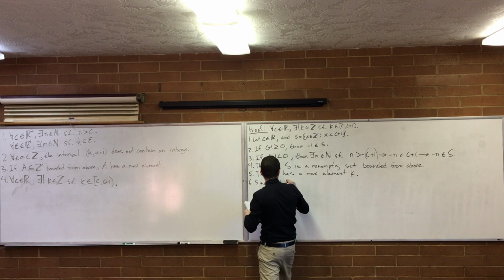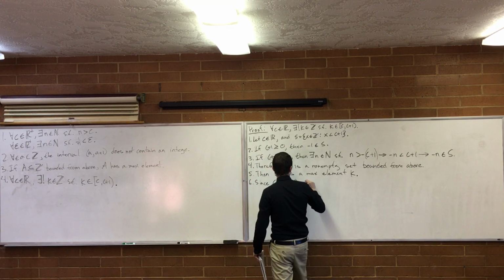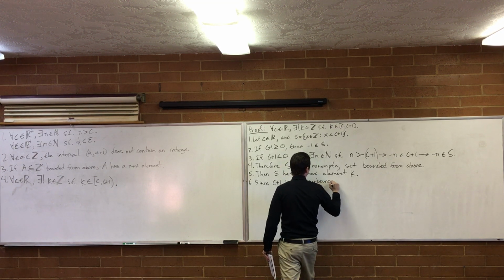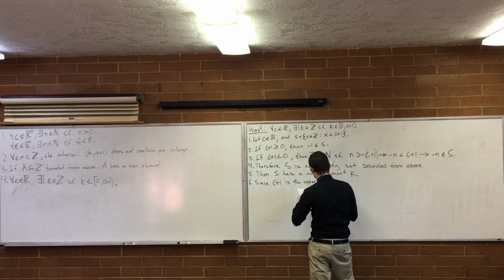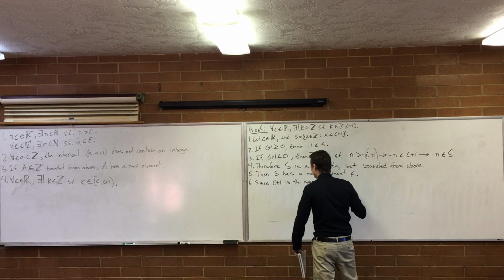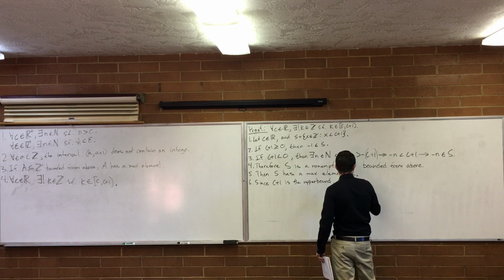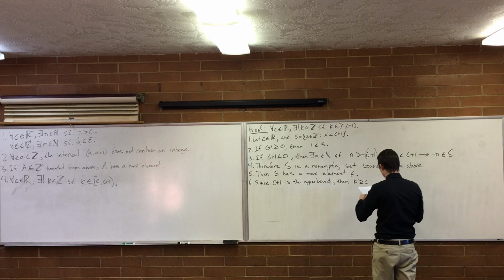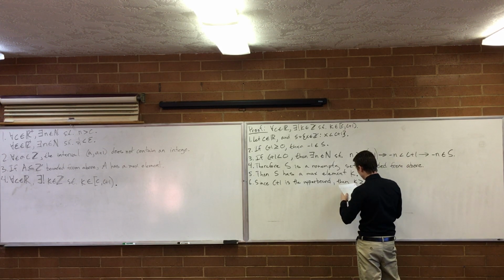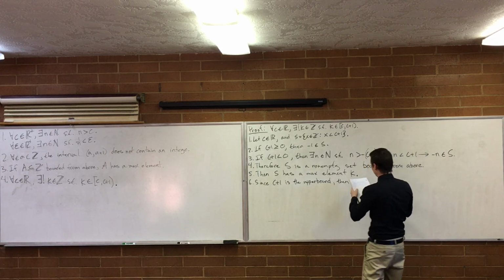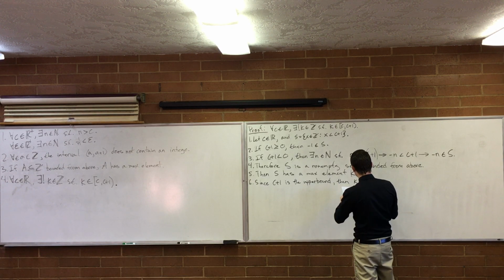Since c plus 1 is the upper bound, I'm kind of inferring that c isn't an upper bound. Oh, that time we made my contradiction. Okay, let me write it out, sorry. I shouldn't be jumping back and forth.